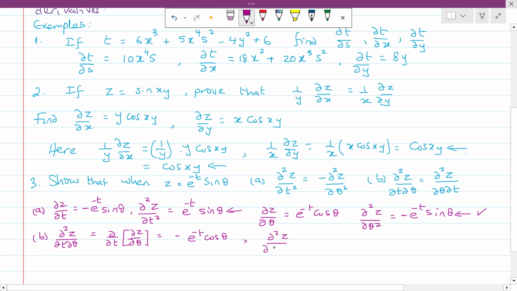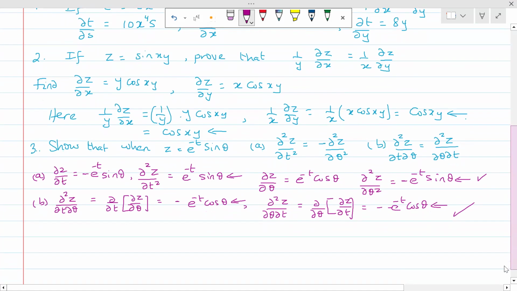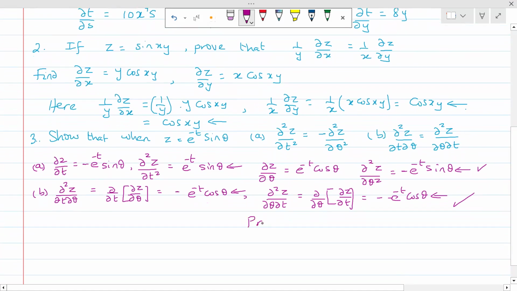Now for the second one, work out the second, you're going to get the same. So these two are equivalent, and therefore we have proved it for part A and part B.